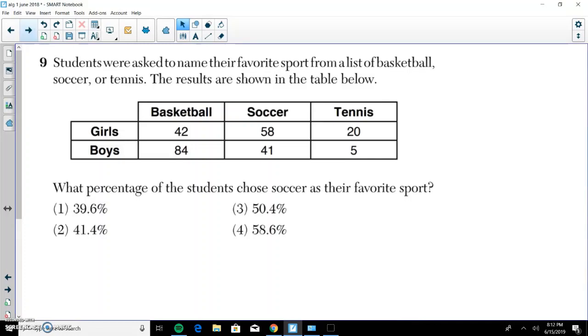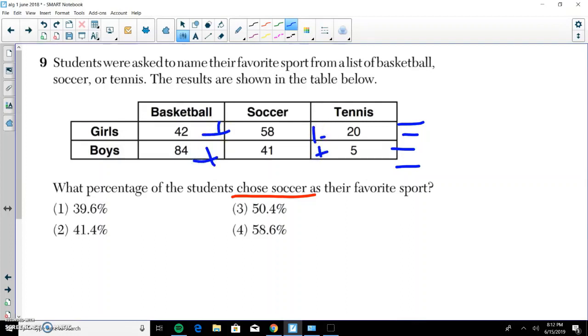Number 9. Students were asked to name their favorite sport from a list of basketball, soccer, or tennis. The results are shown in the table below. Which percentage of students chose soccer as their favorite sport? So, all students. Let's add boys and girls up.